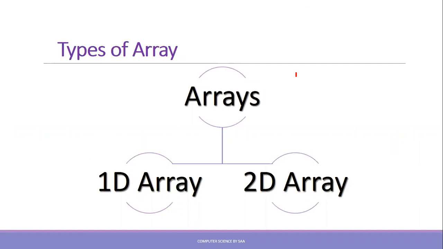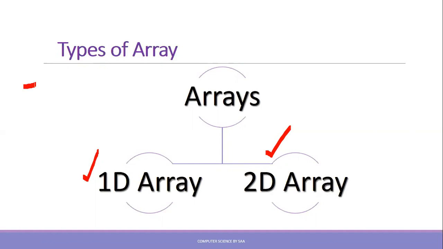We also discussed that there are two types of arrays used in C++. These are one-dimensional arrays and two-dimensional arrays. Basically, a one-dimensional array is a single row or a column.